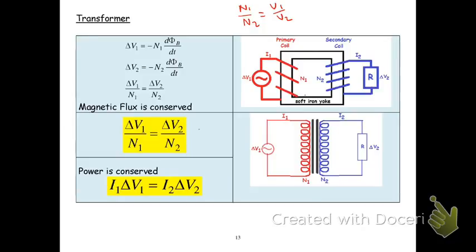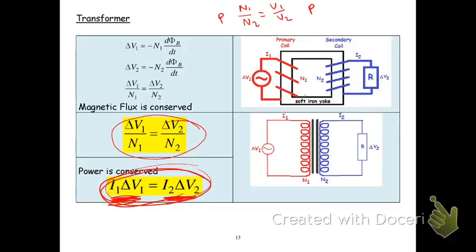They tend to show it in other ways, but the ratio of the turns equals the ratio of the voltages. And the power on this side equals the power on that side. So the power on the primary is equal to the power on the secondary. So know that and know that. And we'll go offline now and we can do some examples.